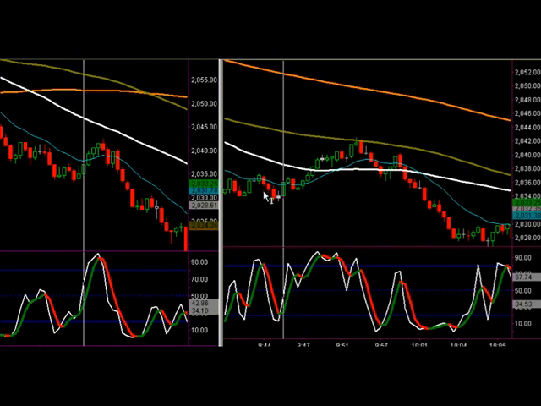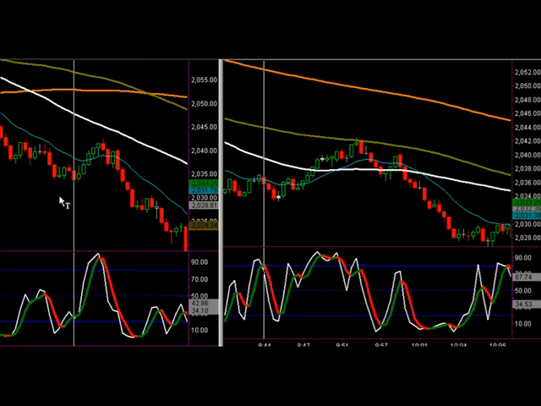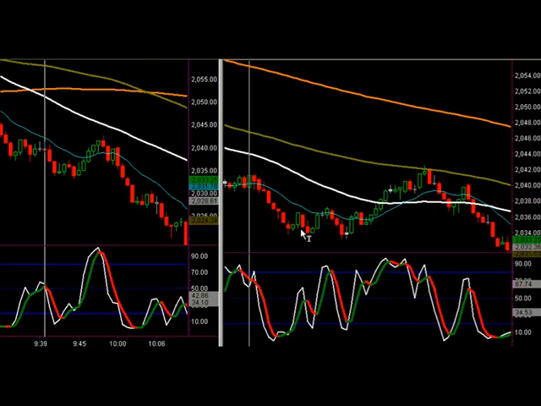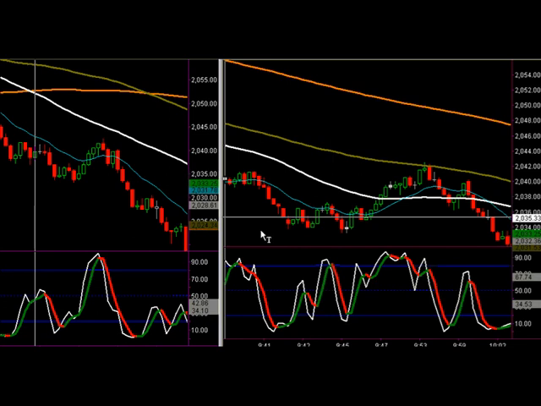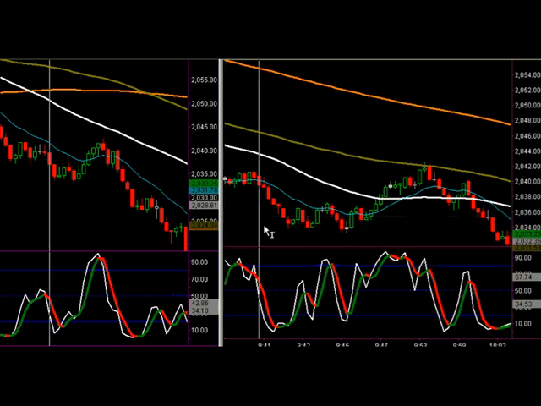Let's go all the way back to our entry and show this again. Our entry is when we get a break of the cycle high, we get a hook on the indicator, we get a mini divergence preferably, longer term indicators in our direction. In this case it's the cycle indicator. Again, this can be the momentum indicator from course 2 students as well.